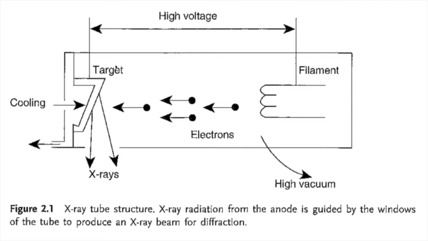So this metal target is, again, a metal. Typically, you'll see a lot of studies where it's going to be copper, but it may also be molybdenum, and there are other examples as well. But the most common by far is copper. And so when the electrons hit this target, they are decelerated, this rapid deceleration that we talked about, and it enables the kinetic energy of the electron to be converted to the high energy of X-ray radiation.